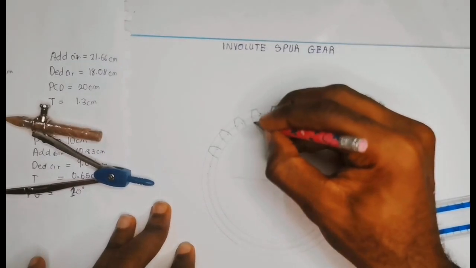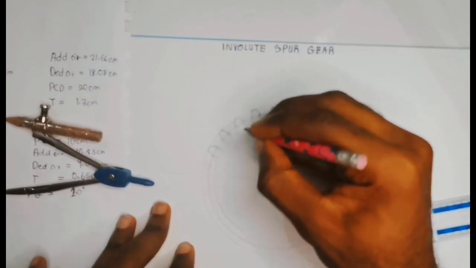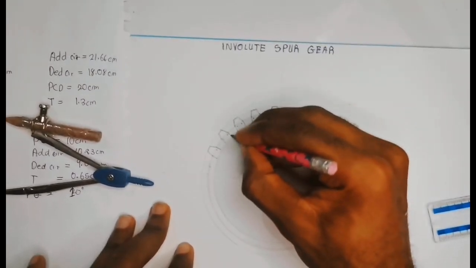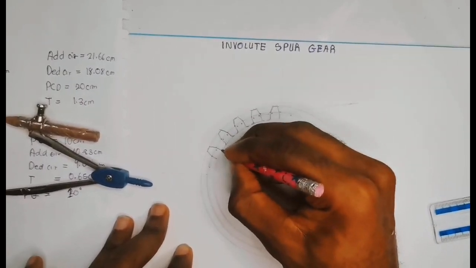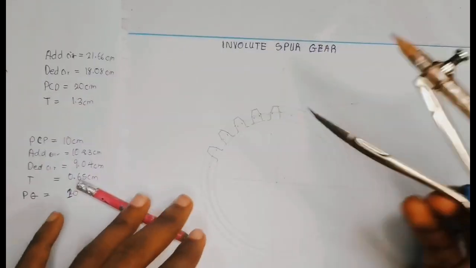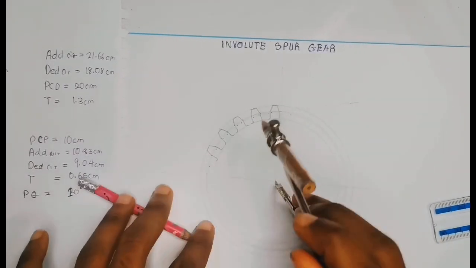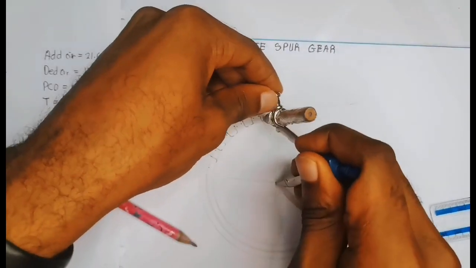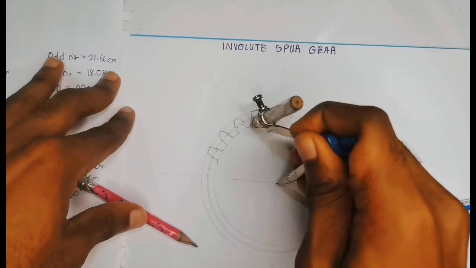The teeth are meshing. I will go down, pin at the center point, our origin, and thicken the bottom, the dedendum.